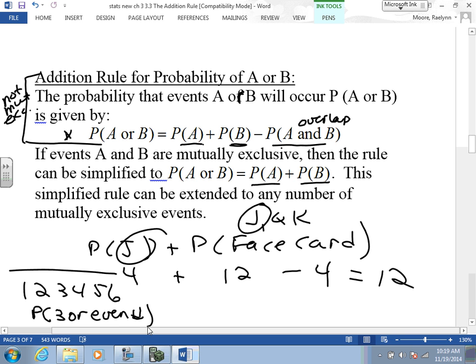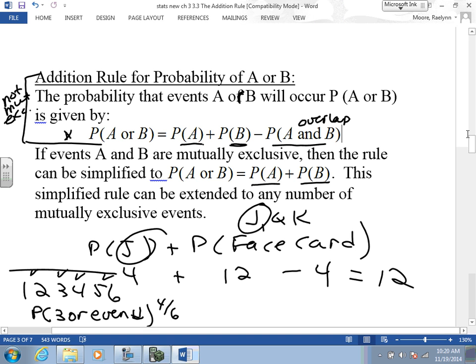So, 3 is what I want. And which ones are even? 2, 4, and 6. So how many do I end up with? 4 out of what? Because I added them together. I took the probability of a 3 plus the probability of an even.